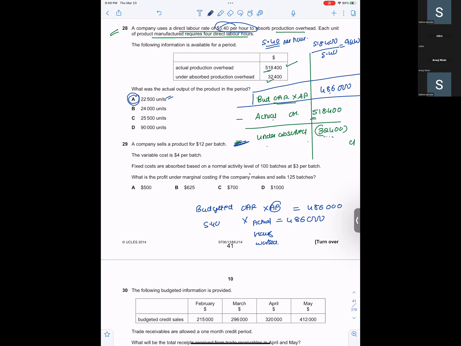Okay, wait. So actual hours worked I will get now. Actual hours worked will be 486,000 divided by 5.40, which is 90,000. So 90,000 is actual hours worked.